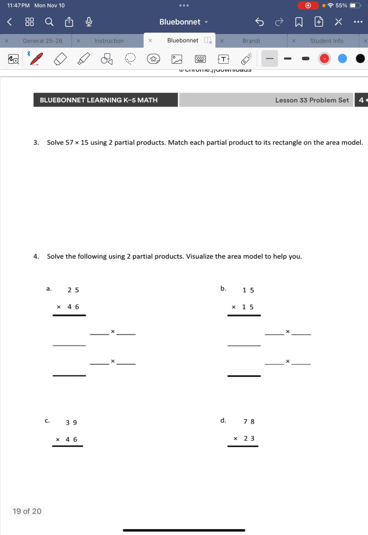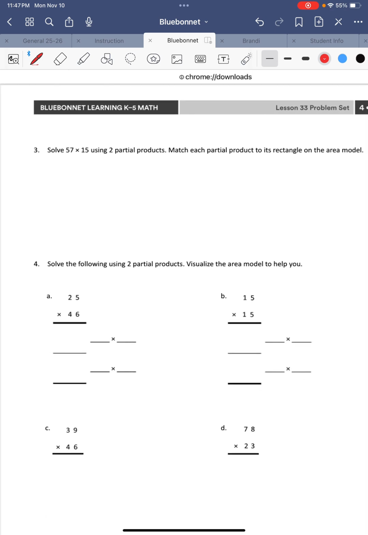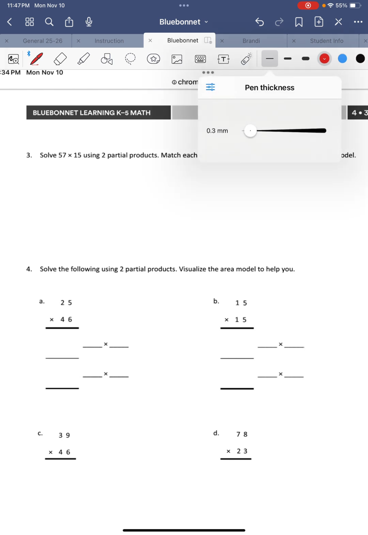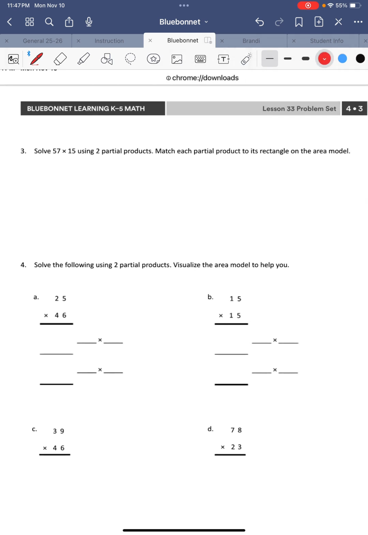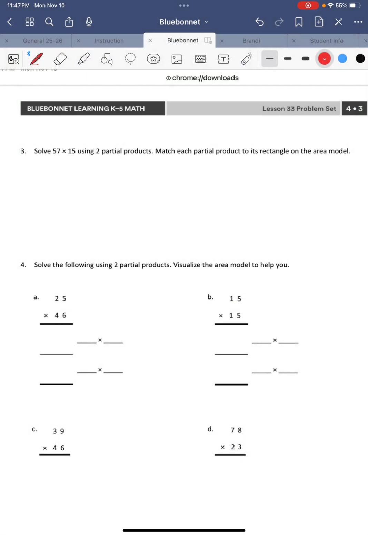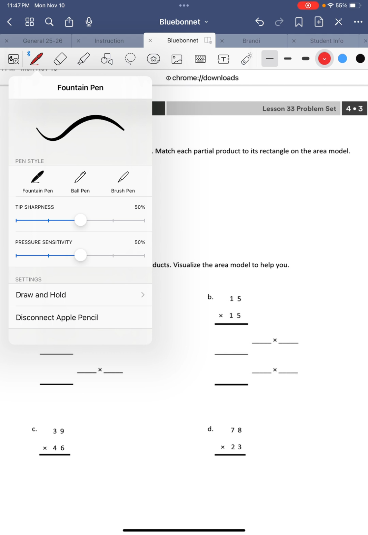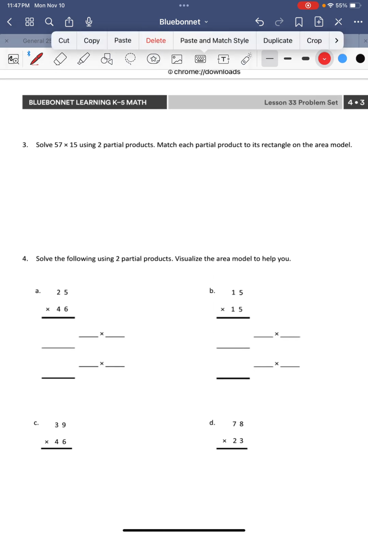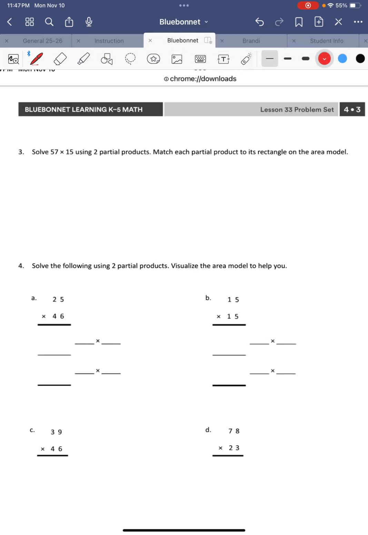So let's do, why isn't this working? Sorry guys, I don't know what's happening. It doesn't want to write. Hang on 1 second. Maybe my pen turned off. Okay, let's try that again. Nope. I think my pen is dying. Okay, I'm going to have to use my finger.